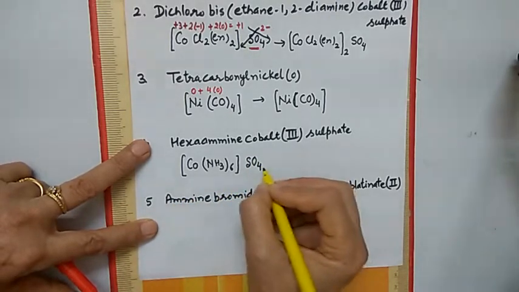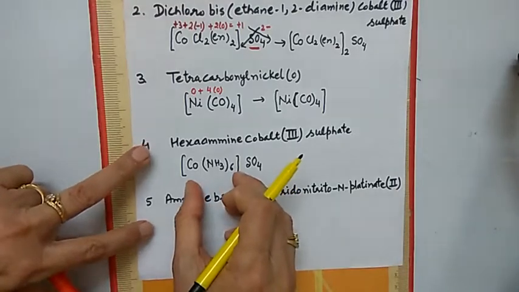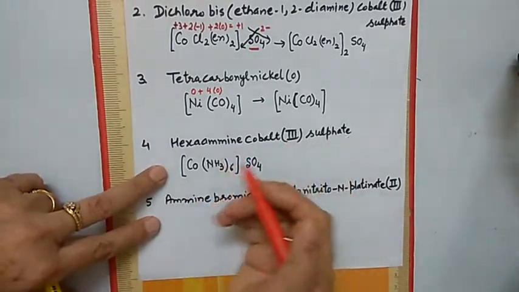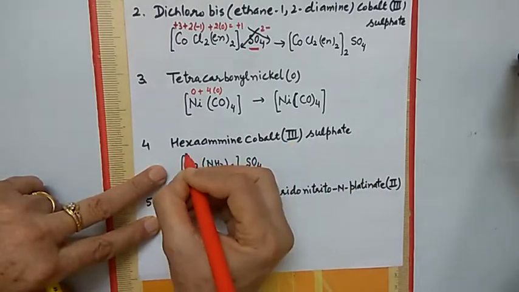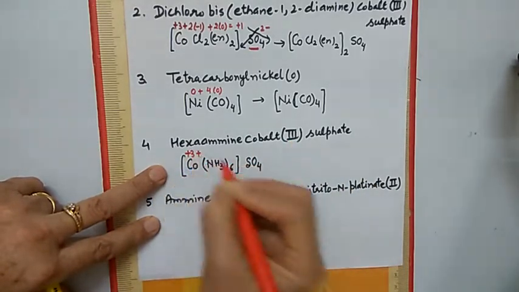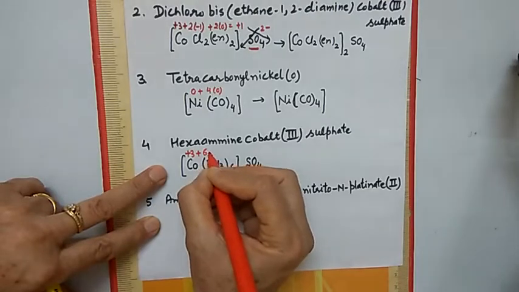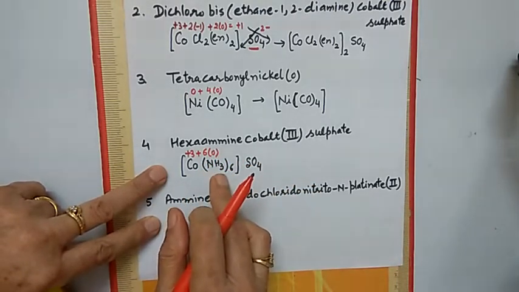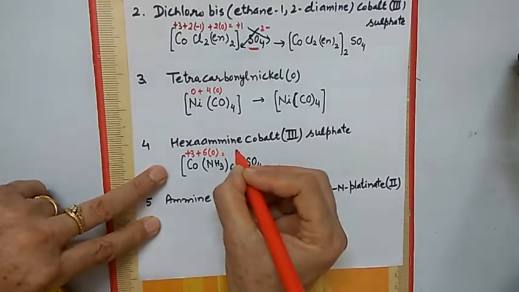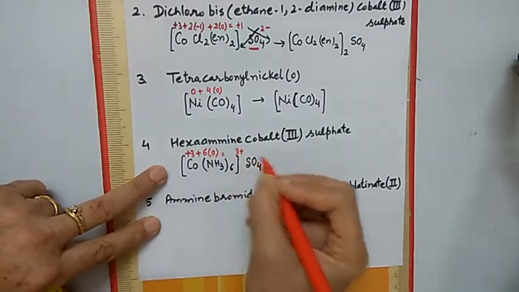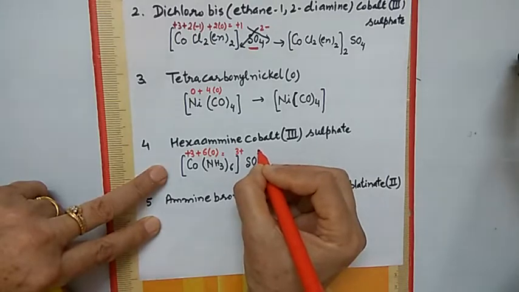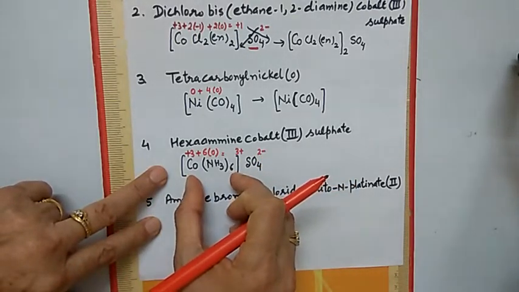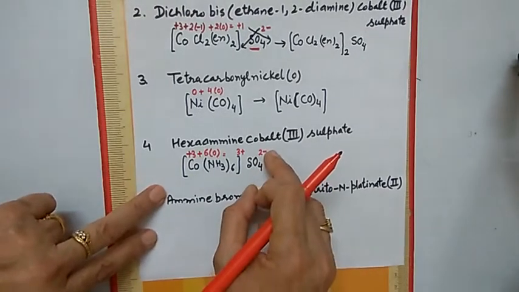The formula for sulfate is SO4. Now let us find the charge on the complex ion. Cobalt is in the 3 oxidation state, so plus 3 plus 6 into 0. As ammine is a neutral ligand, the net charge on the complex ion is 3 positive, and sulfate is 2 negative. The complex ion is carrying 3 positive, sulfate is carrying 2 negative.